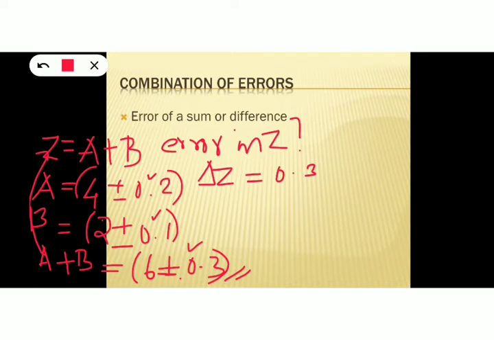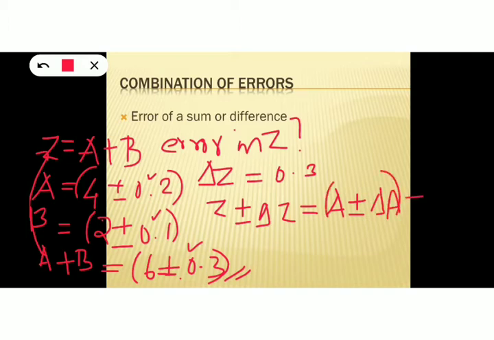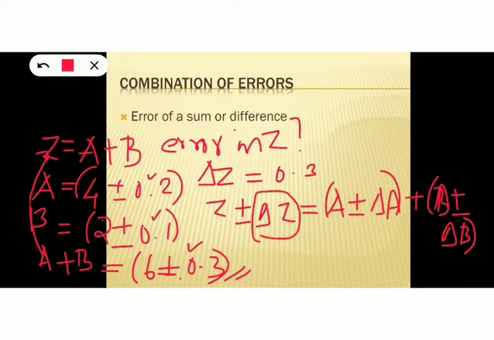So we can write it like this: Z plus or minus delta Z is equal to A plus or minus delta A, plus B plus or minus delta B. The error part in Z is denoted by delta Z. And what is the error in Z?